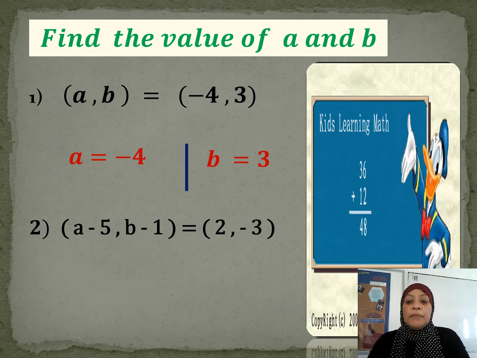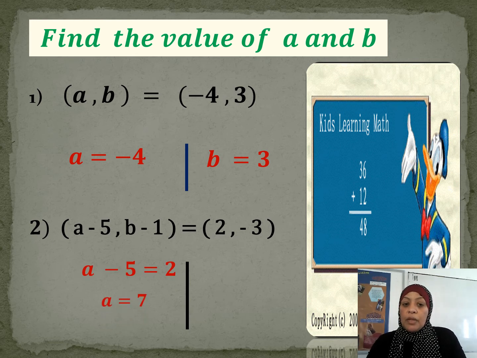So it means that a minus 5 equals 2. I can get the value of a when I move minus 5 to the other side with the additive inverse, then a equals 2 plus 5, so a equals 7.